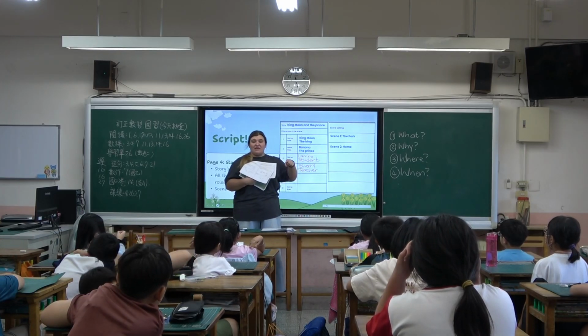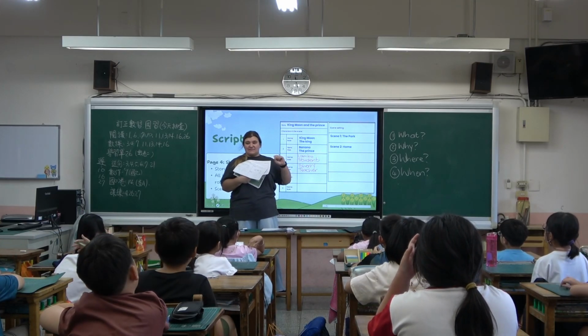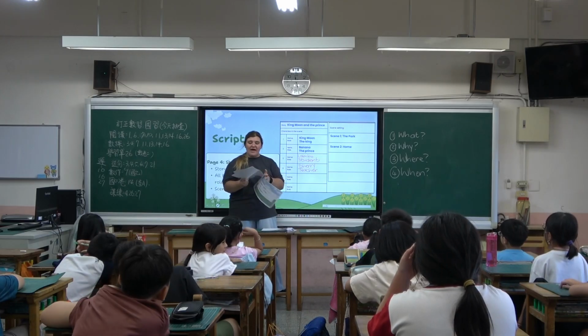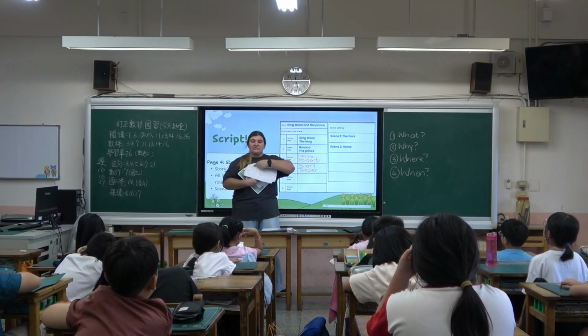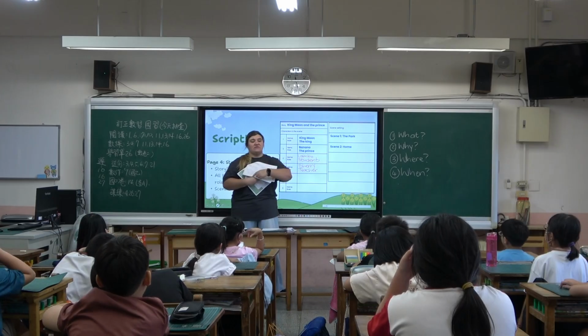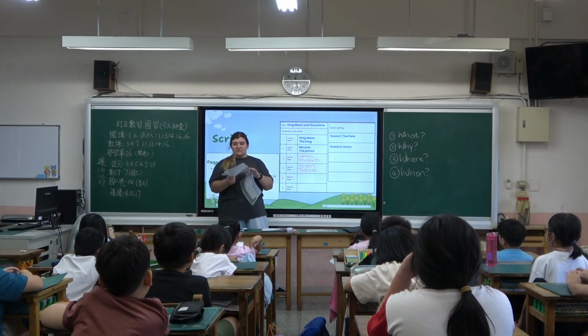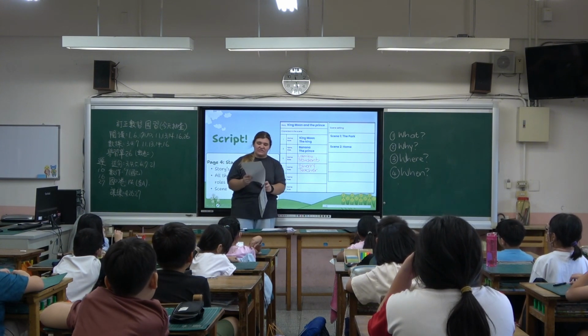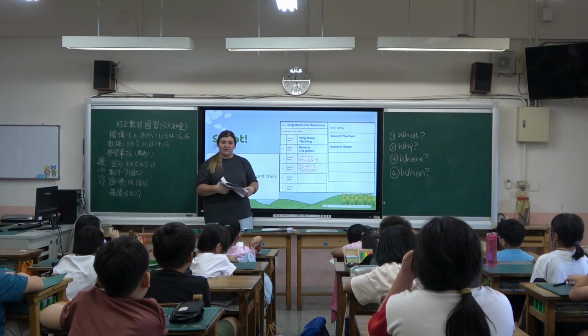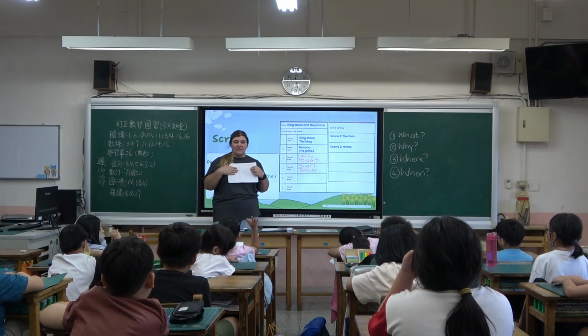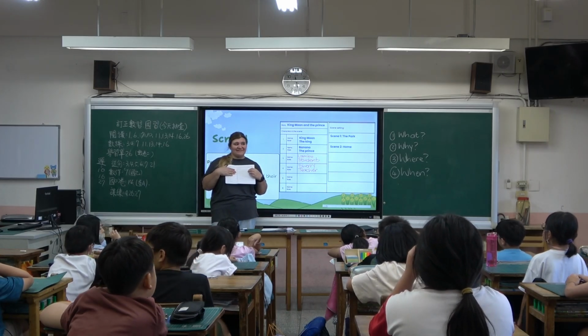Where is Teacher Sherry? Class. Okay. So you have to say where is scene 1, scene 2, scene 3, scene 4. Okay? Do you have any questions for page 4? No. Are you okay? Yes. You want to check?